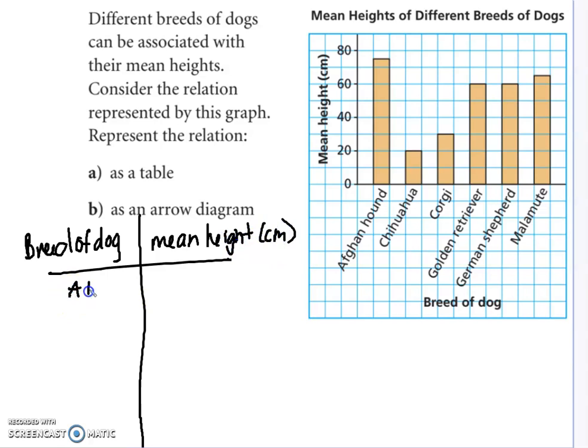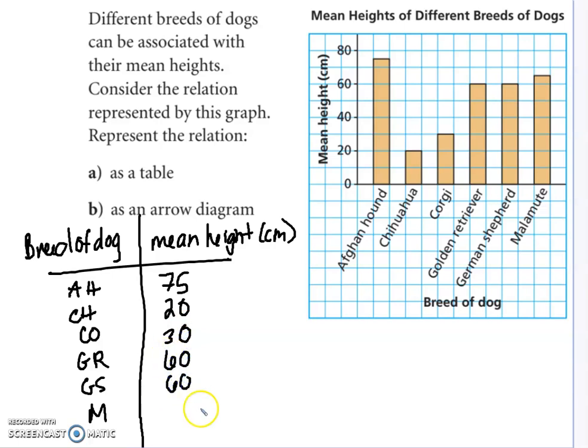So we have the Afghan Hound, the Chihuahua, the Corgi, the Golden Retriever, the German Shepherd, and the Malamute. So let's read the graph here. We have 75 centimeters, 20, 30, 60, 60, and 65.